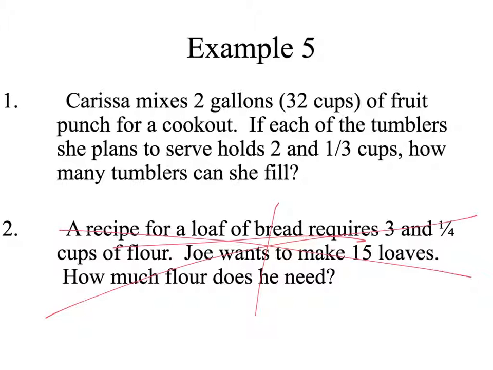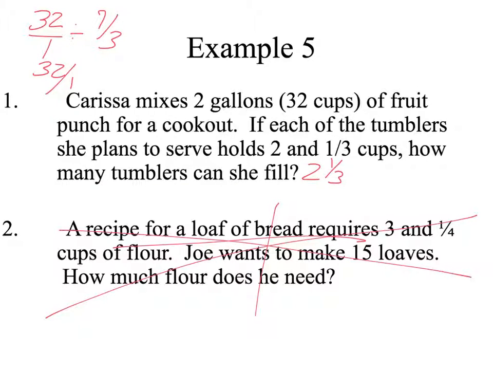So again, we have 32 total cups. We're trying to split that up into 2 1/3. So it's going to be a division problem. So 32 over 1 divided by 2 1/3. 2 1/3 is going to be 7 over 3. I'm going to take it and flip it upside down.